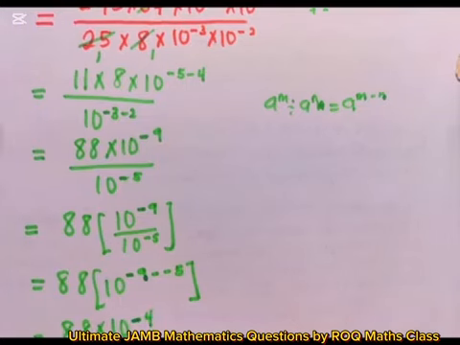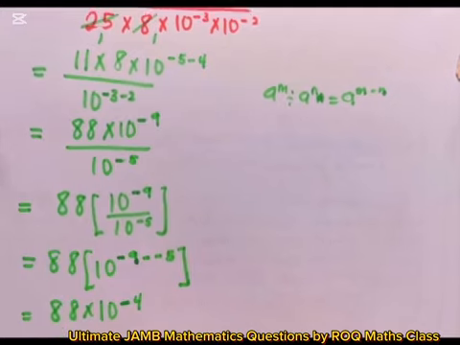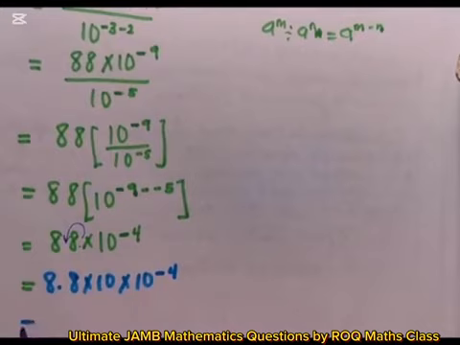And we are asked to leave our answer in what? In standard form. First of all, I have to convert this 88 to standard form. 88 to standard form is that our decimal point is located at this last digit. So I have to move it how many times? 1 time. So I have the 4. So this actually is equal to, from the law of indices, 1 plus minus 4, which is the same thing as minus 3.